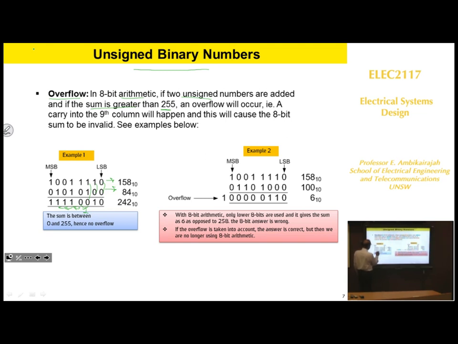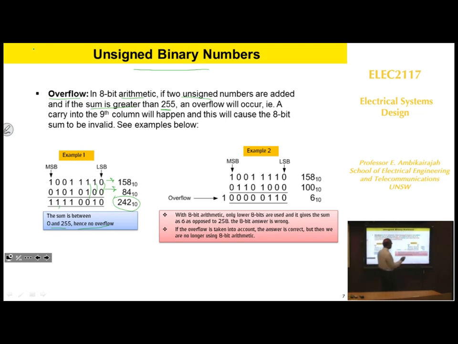When you add them, that's 1. There's no carry in this part. So after this, 1 0 1 0 1 0 1 0. Now if you look at it, this is 242, which is within the limit of 0 to 255. Therefore, the sum is within that range, hence no overflow.